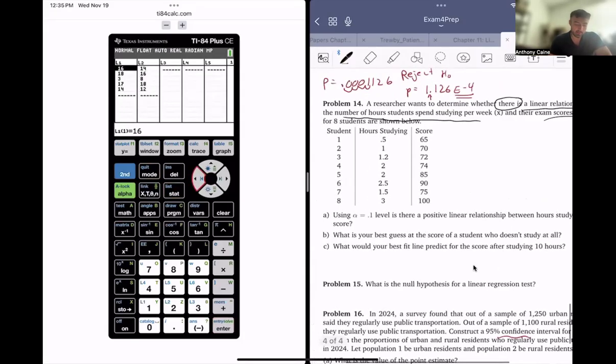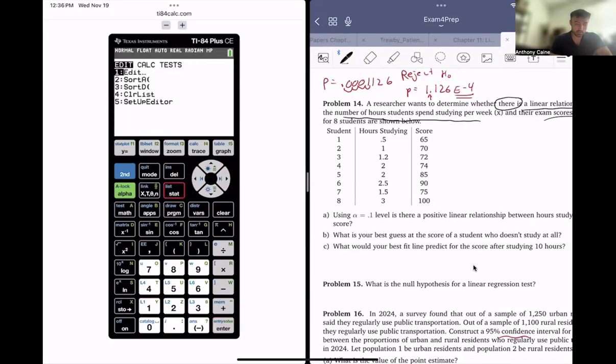How many hours did they study? 0.5, 1, 1.2, 2, 2, 2.5, 1.5, 3. Great. What was their exam score? 65, 70, 72, 74, 85, 90, 75, 100.